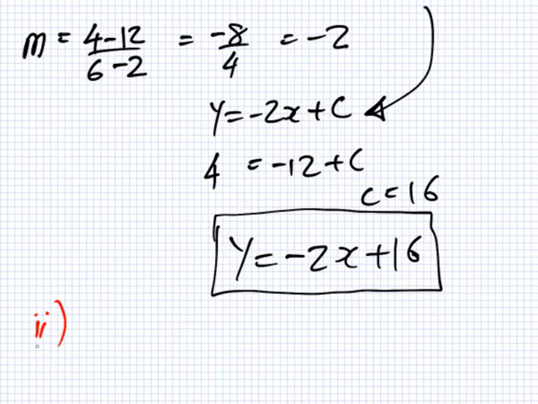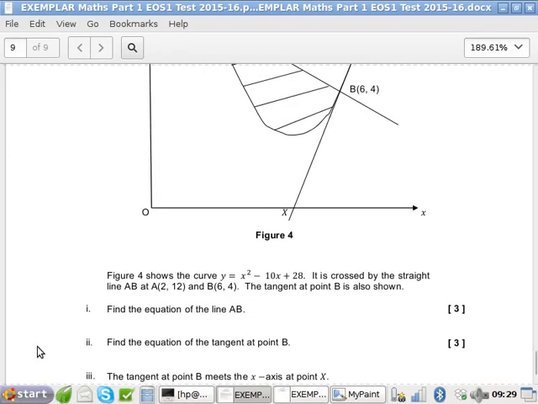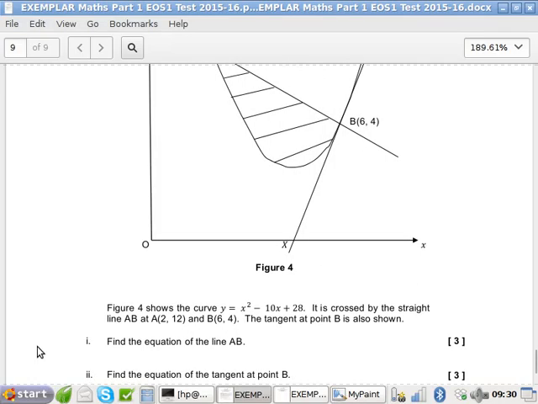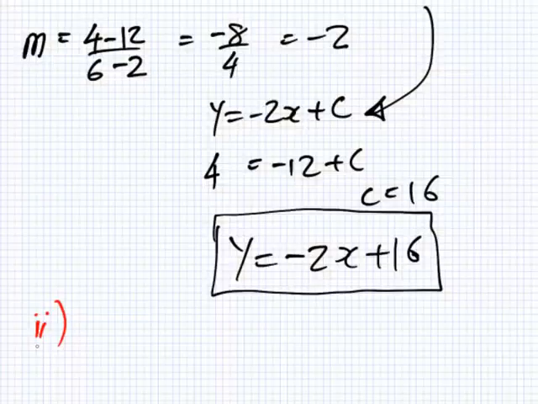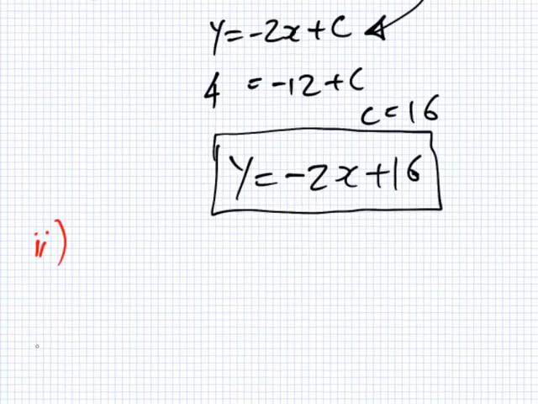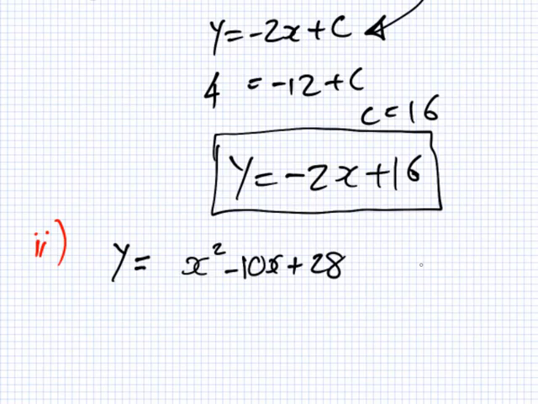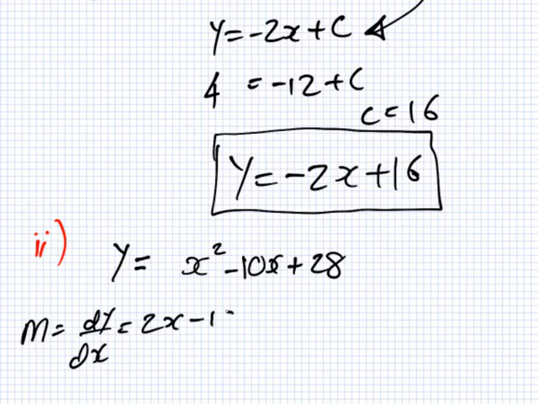The next part is find the tangent at (6, 4). And what was the quadratic? y equals x squared minus 10x plus 28. Okay, so if you want a tangent line, you need the slope. And what does the slope equal? The derivative, which is 2x minus 10.